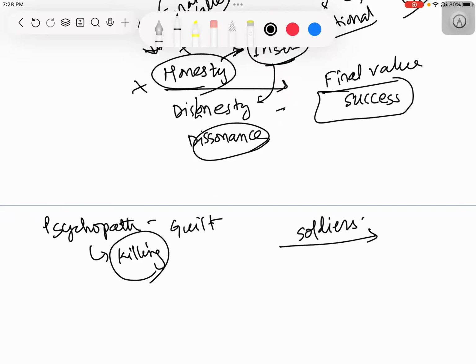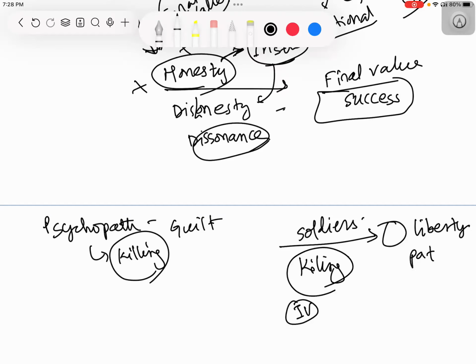Are soldiers taking any pleasure out of killing? They are also killing, but for them killing is an instrumental value. The final value may be liberty, or patriotism. This is the difference: for one person killing is the intermediate value, for the other it is an intrinsic value.